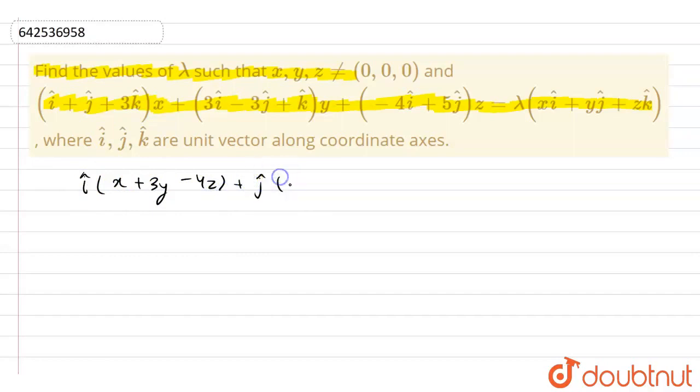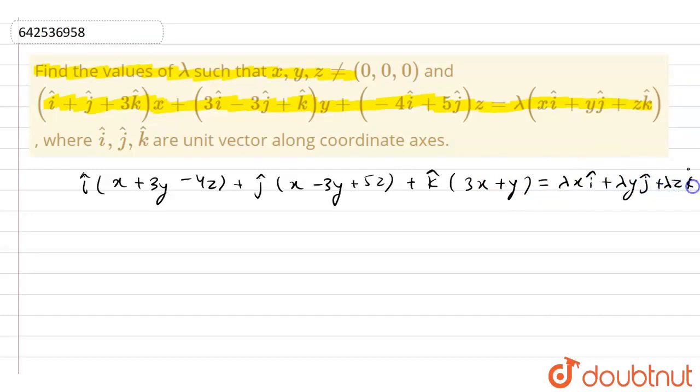Similarly, j cap as x minus 3y plus 5z, and k cap as 3x plus y. Now this is equal to lambda x I cap, lambda y j cap and lambda z k cap.